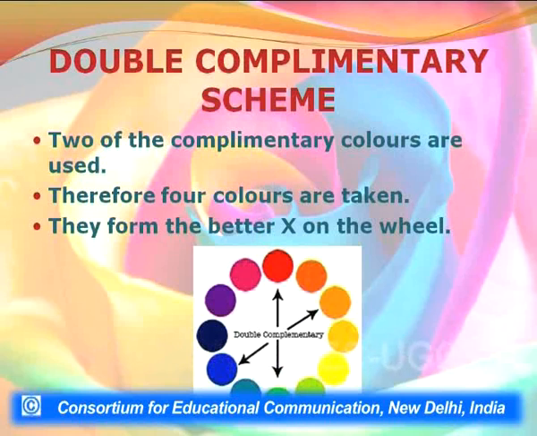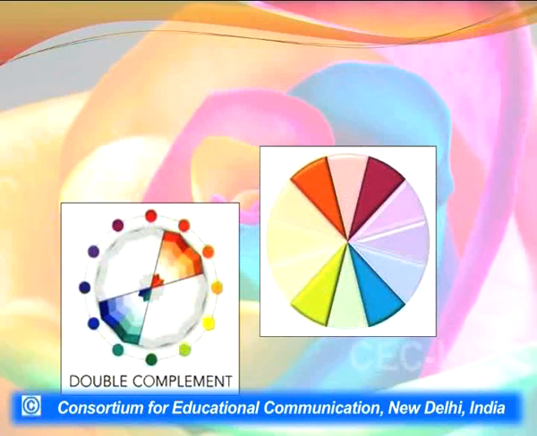Next is the double complementary color scheme. So 2 complementary pairs are used, therefore 4 colors are taken. They form a better X on the color wheel. So for example, if we are using red, green, blue and orange, in a color wheel you will find that it is making an X. So if we are using this scheme, it is the double complementary color scheme.